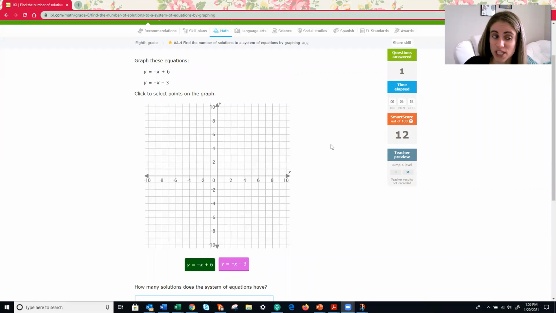Both of these are in slope-intercept form, which is wonderful. Let's start off with that very first equation, identify our b. Well, our b, our y-intercept, is positive 6. So we're going to start off at a positive 6. And then what is our slope? It's a negative.